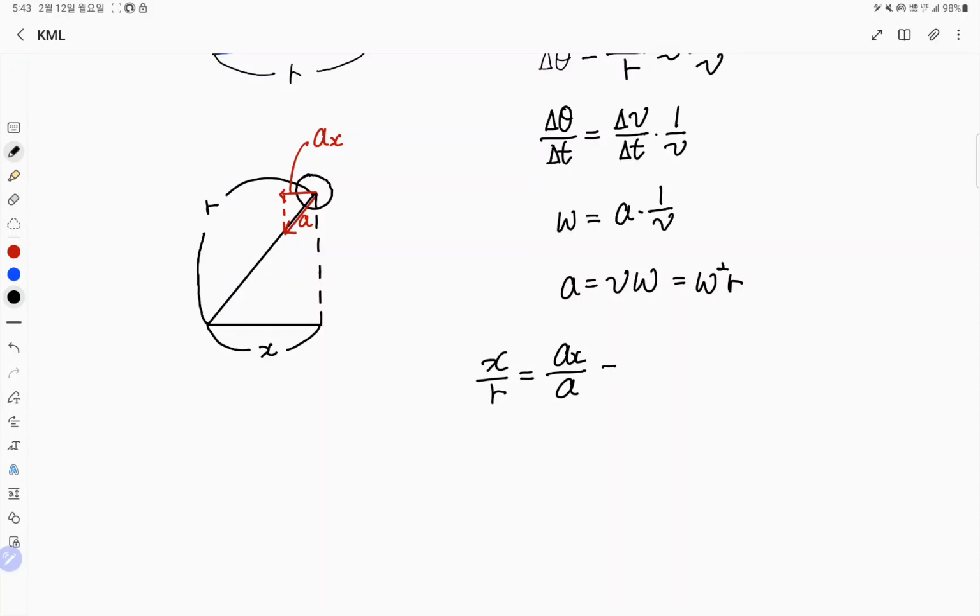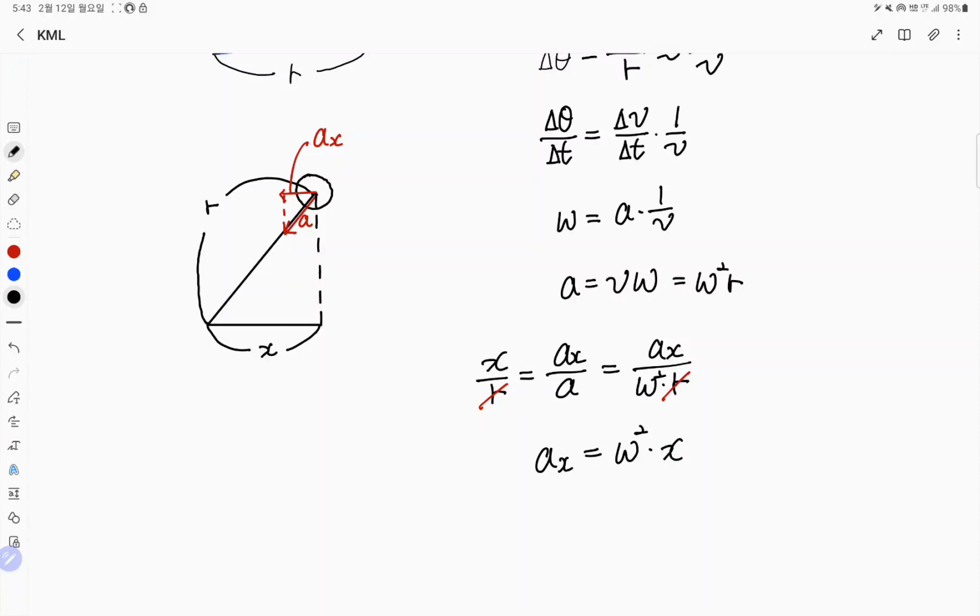And when we change the acceleration to omega squared times radius, the radius cancels. So the horizontal component of the centripetal acceleration is equal to omega squared times the x displacement.